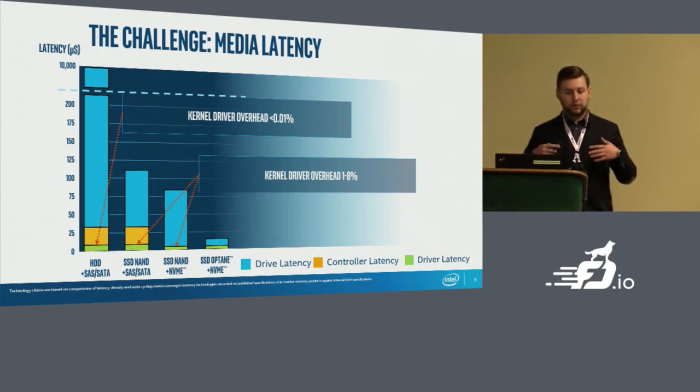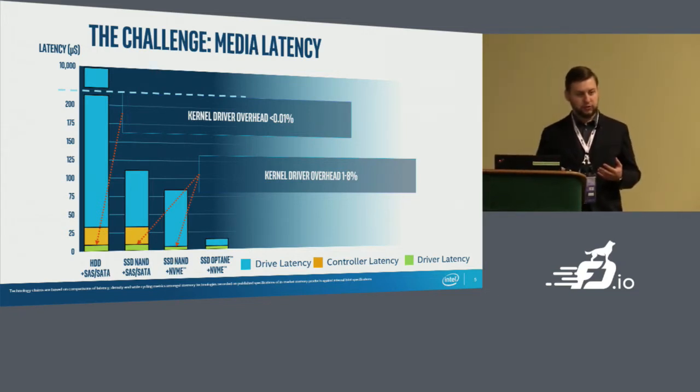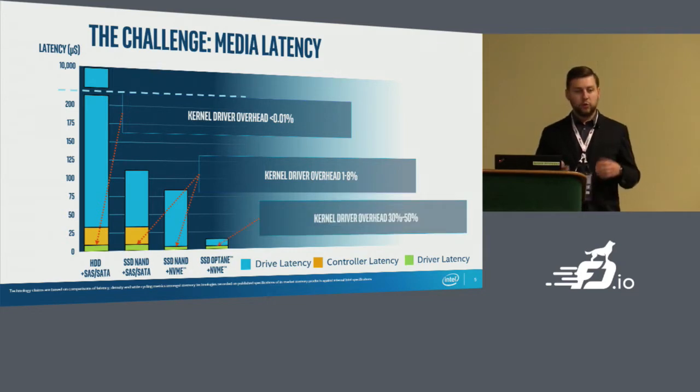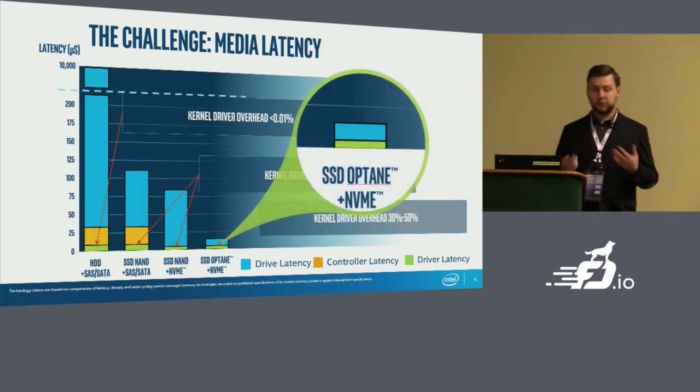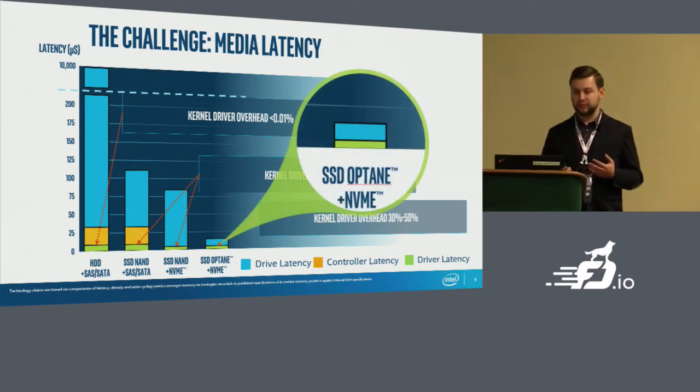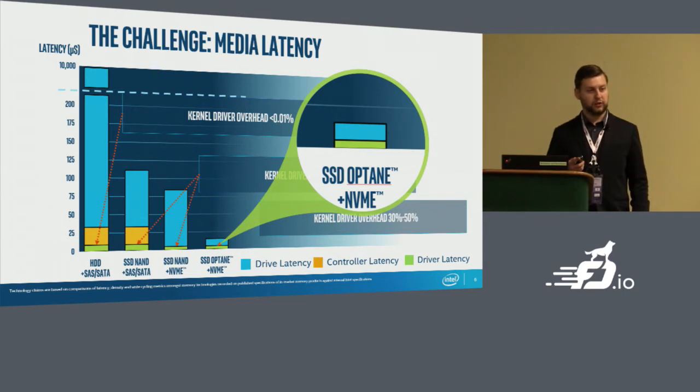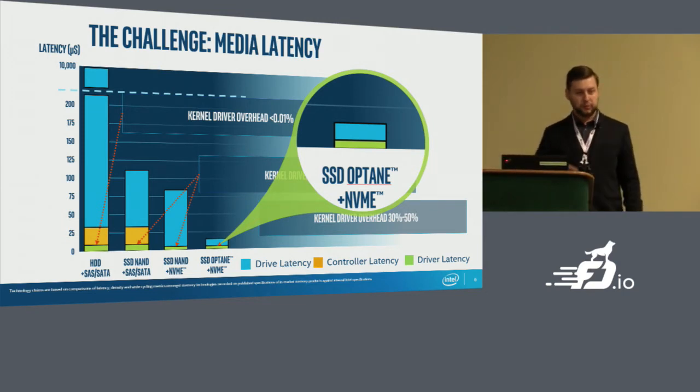But as we went to an even newer generation of media, the overhead for the kernel driver became up to 50% of the latency for the whole solution. This obviously shows that the software for the kernel driver started to become the bottleneck. And reaching the point of 30 to 50% of the overall latency overhead, this became a problem worth solving.